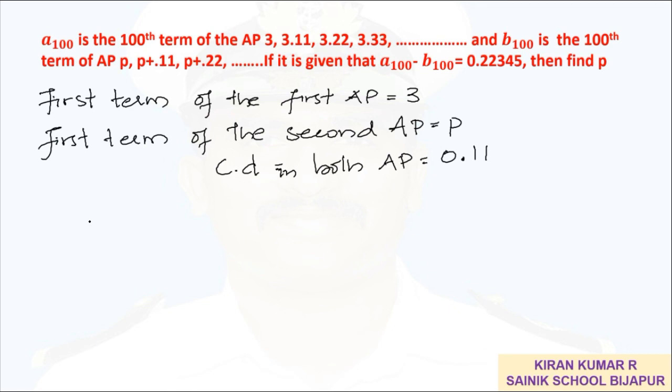The common difference between the two corresponding terms of the AP is constant and equal to the difference between their first term.